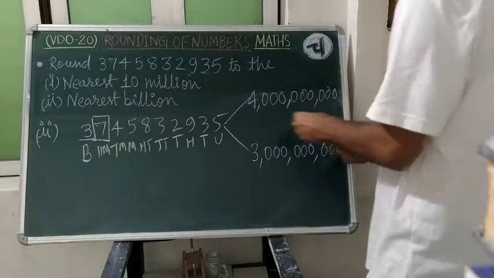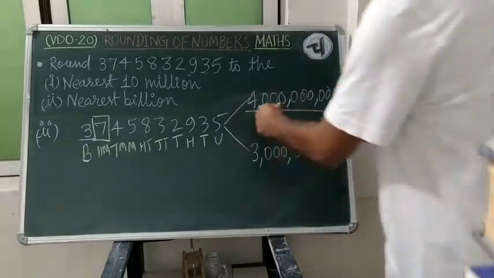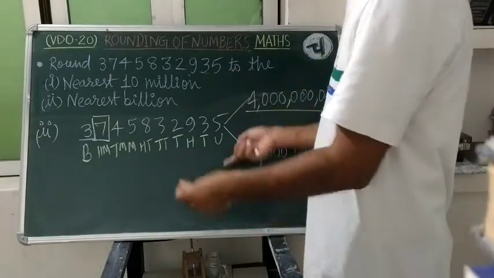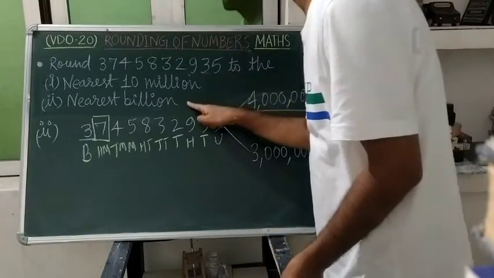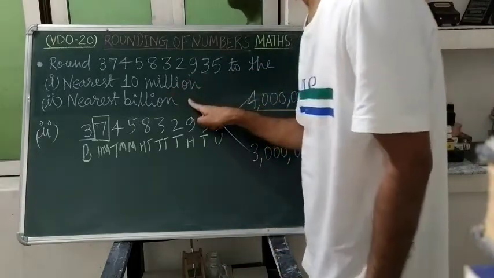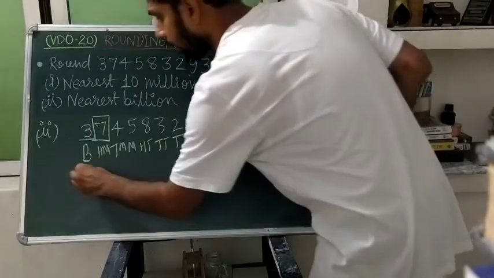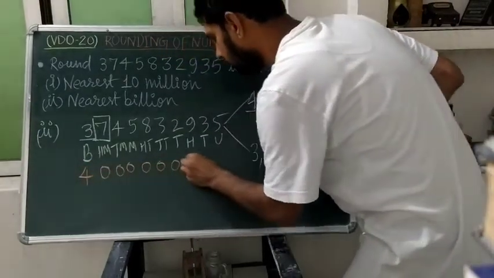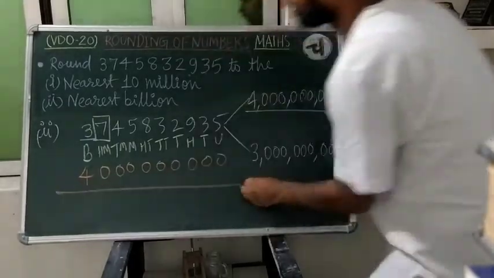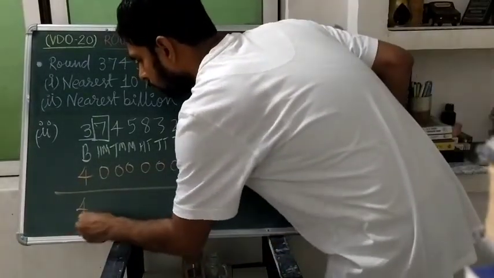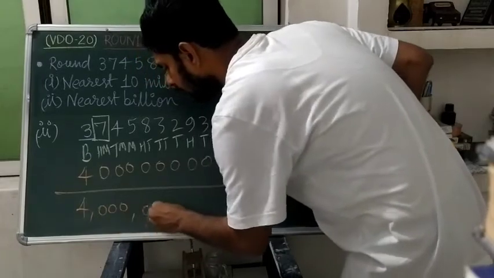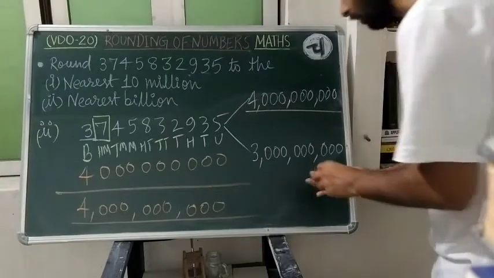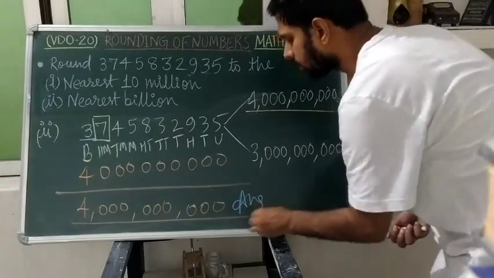So we will round up here, and this number I will write from the place given to us, and the place given to us is billion, and from there I will start writing, and this will become 9 zeros here, and our number will become 4 billion in this case. Okay, so this will become our answer.